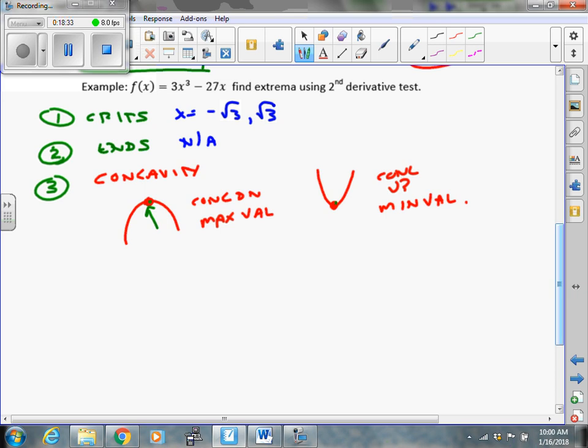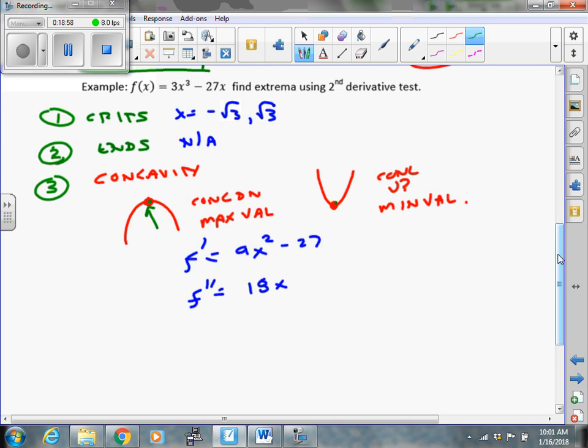However, here I'm going to take the double derivative because I'm going to check its concavity. So I believe, if I'm not mistaken, the derivative was 9x squared minus 27. So my double derivative would be 18x. I like this because it's quick and easy for me to determine.